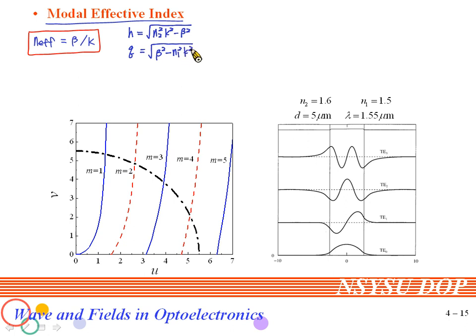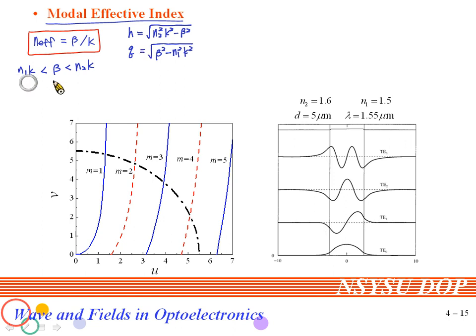So, to make sure we have a guided mode, I have told you h and q should be real numbers. As a result, beta should be smaller than n2 k and larger than n1 k to make sure h and q are both real numbers.